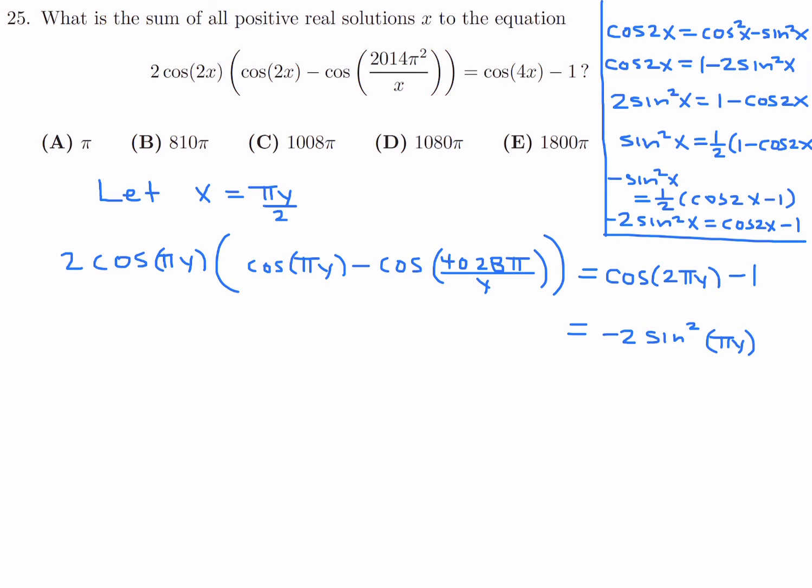On this side, we can start multiplying this out. It's going to be 2 cos squared pi y minus 2 cos pi y cos 4028 pi over y, like that. And we can now divide through by 2 and then put the cos squared and the sine squared on one side.